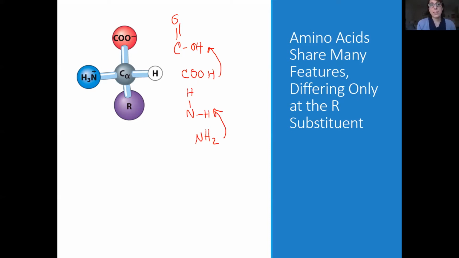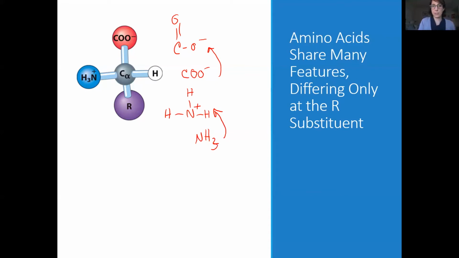Amino acids in their neutral form actually have the hydrogen gone on this carboxylic acid, giving it a negative charge, and an extra hydrogen on this amine group, giving it a positive charge. And so these abbreviations are written as such.